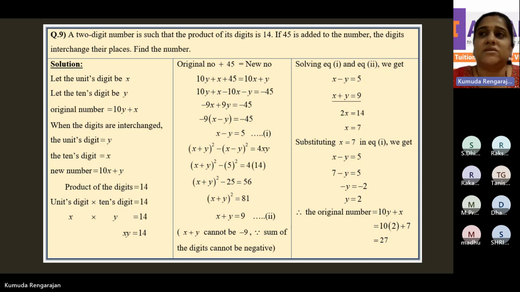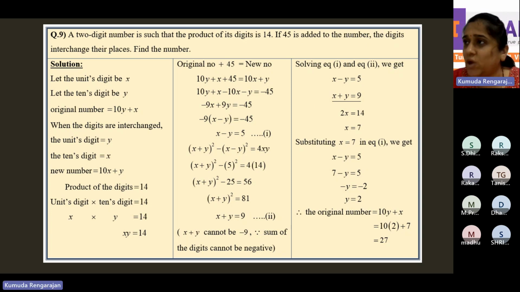Correct? Next, what is given? If 45 is added to the number, the digits interchange their places. So that means, write down, original number plus 45 is equal to new number. That's the meaning. If 45 is added to the original number, it becomes the new number, because the digits interchange their places.